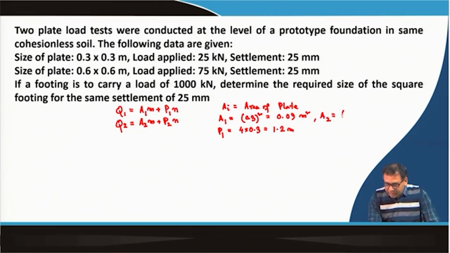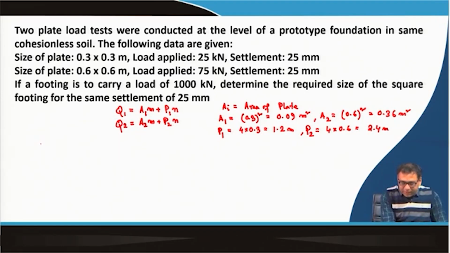Now, A2 is the area of the second plate, 0.6 squared, that is 0.36 meter square. The perimeter of plate 2 will be 4 into 0.6, that is 2.4 meter.